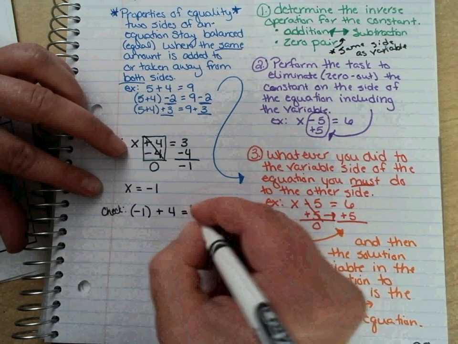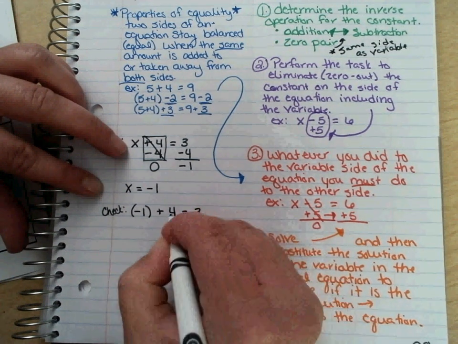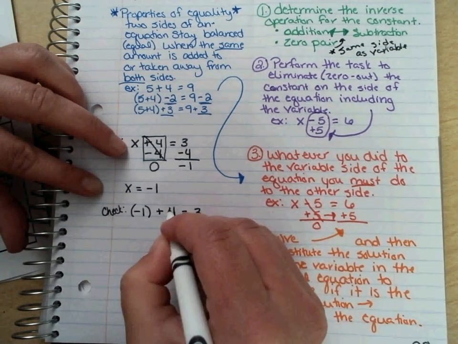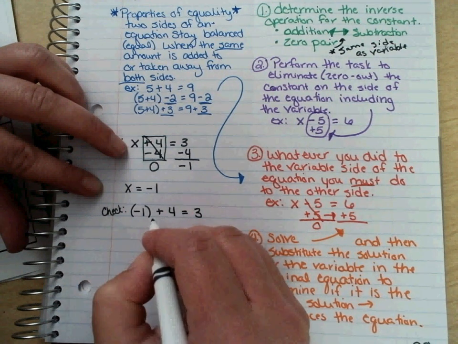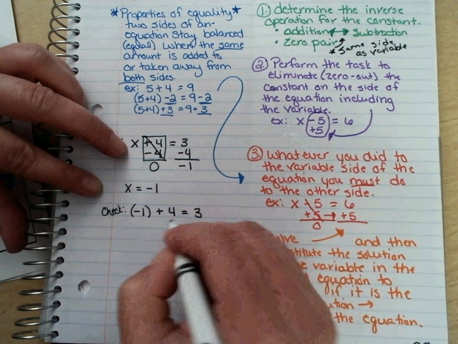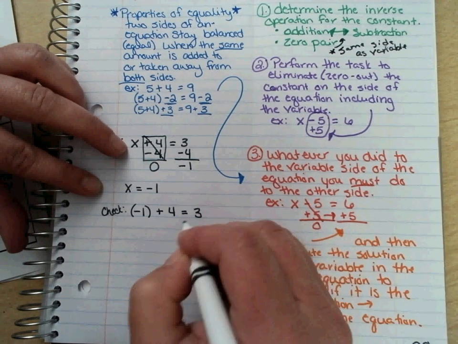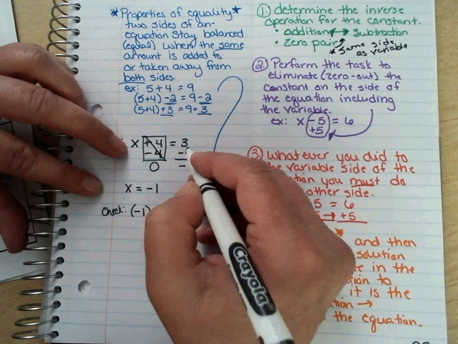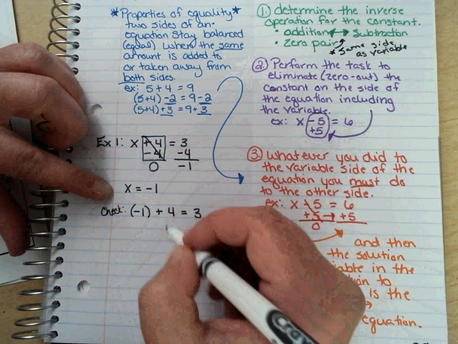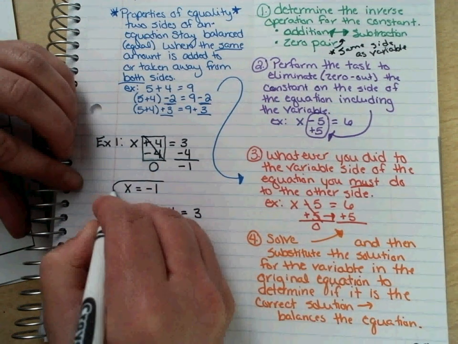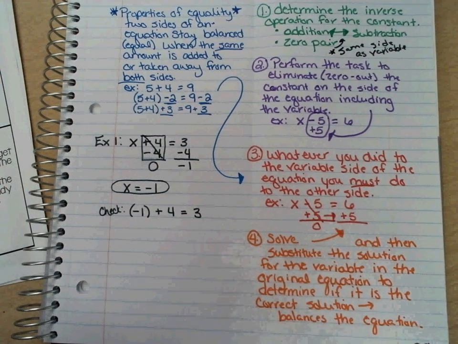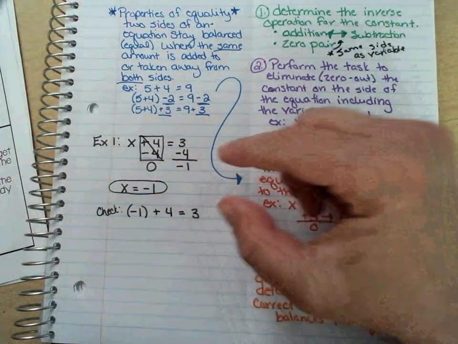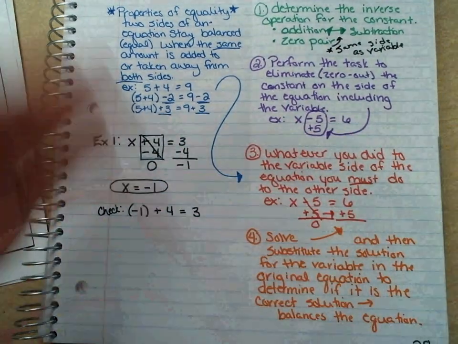Okay, and so that gives me a positive 3, because the number here is bigger and it's a positive, this is a negative, so I take the difference between them, and it's 3, and it's a positive 3. So 3 matches this side of the equation, so they match, so x equals negative 1.